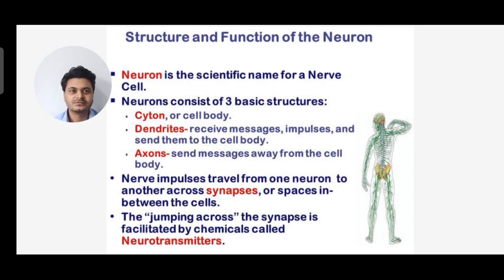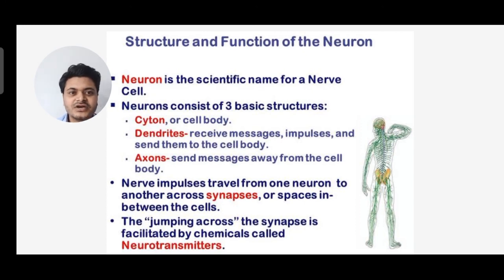A neuron has three basic structures: cyton, dendrites, and axon. Mainly there are two parts: cell body and axon. Under the cell body we have dendrites. The cyton is also called the cell body, and within it you have dendrites and dendrons.